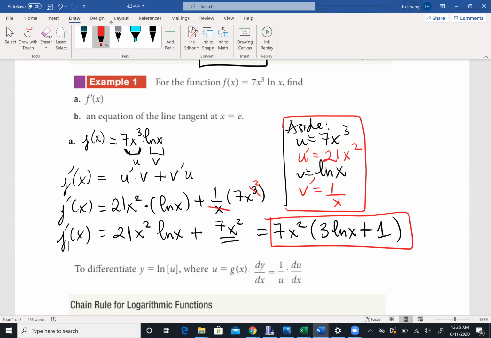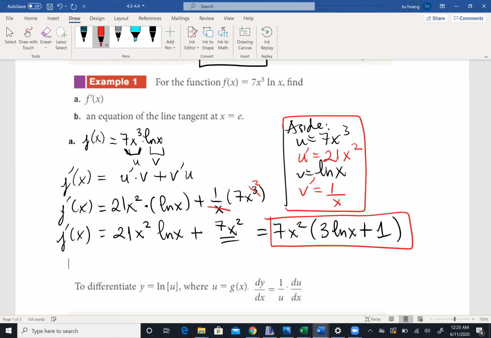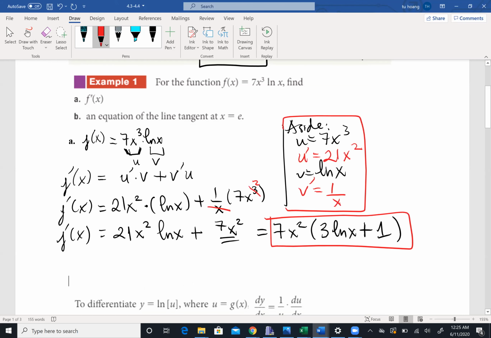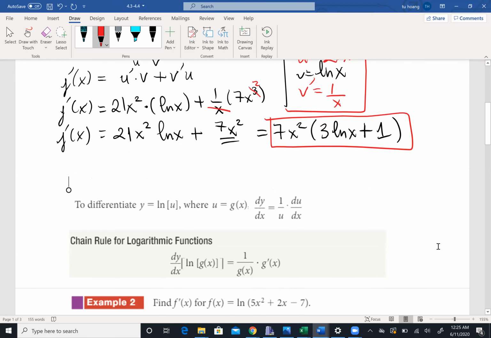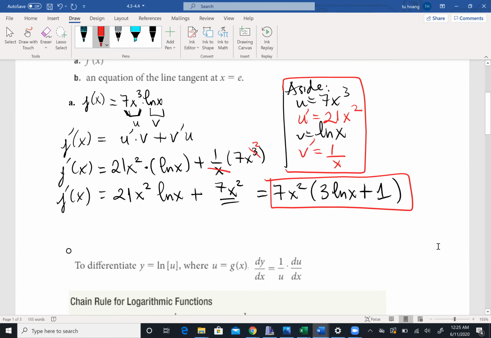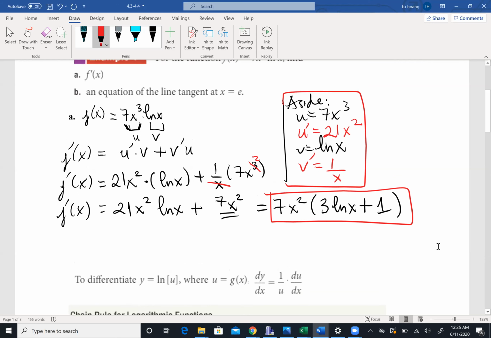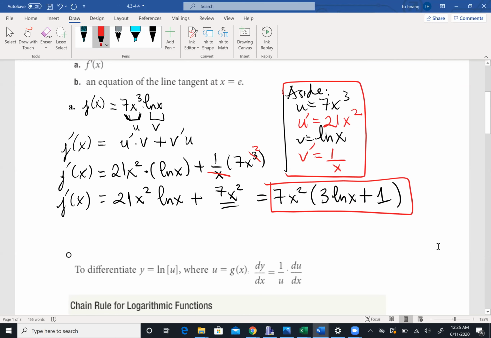Now in order to do B, B says find an equation of the tangent line at x equal to e. You should know that in order to find the equation of the tangent line at x equal to e, you need to find the slope at x equal to e.